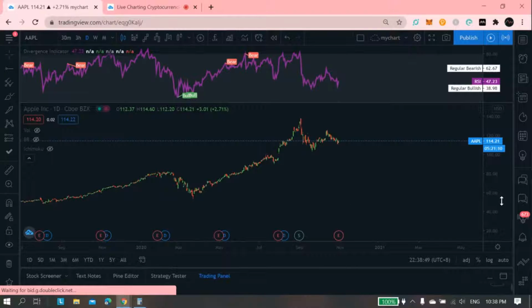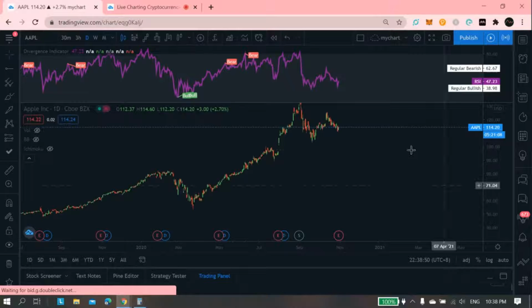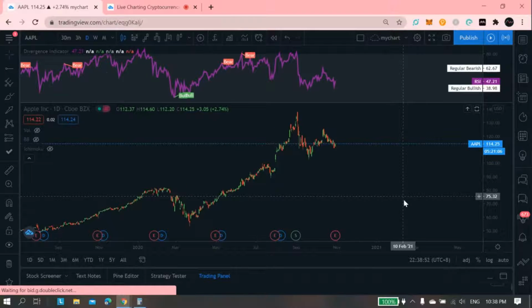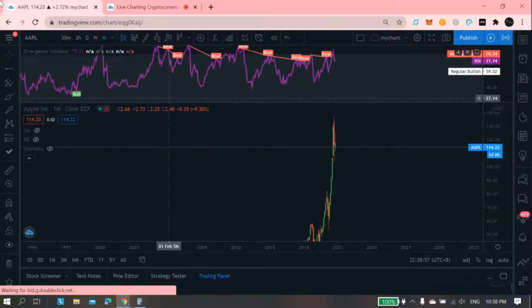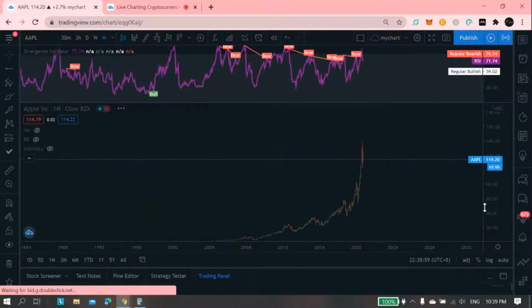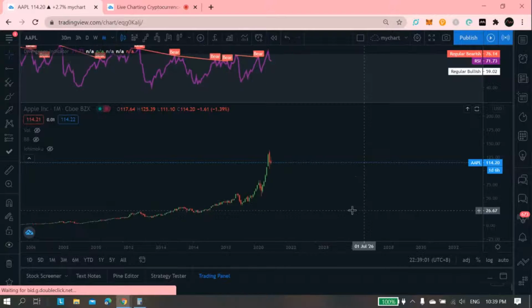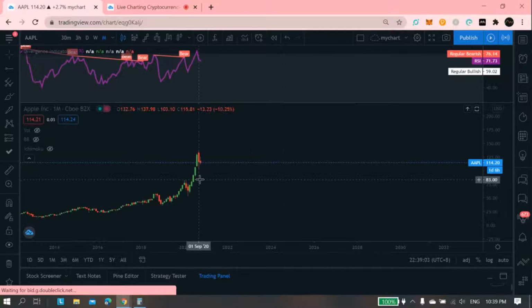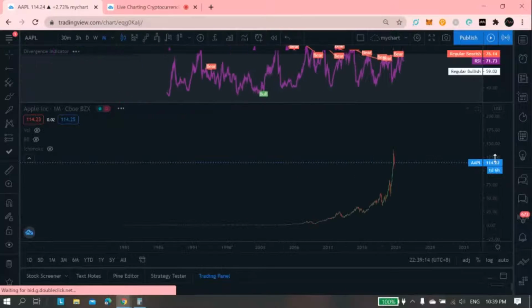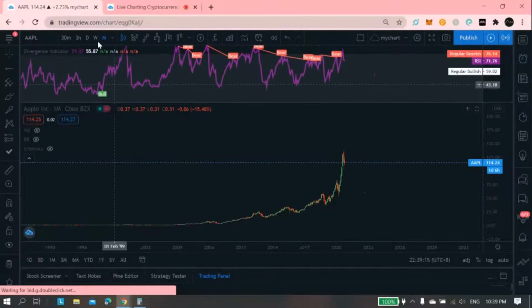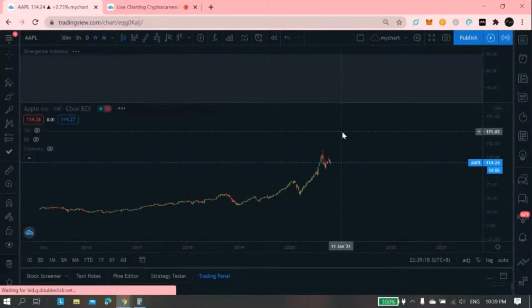Let me just check the long term, monthly. So the all-time high is at this area, despite the pandemic. An all-time high of 137, or around the 138 area. Then let's check on the weekly chart.